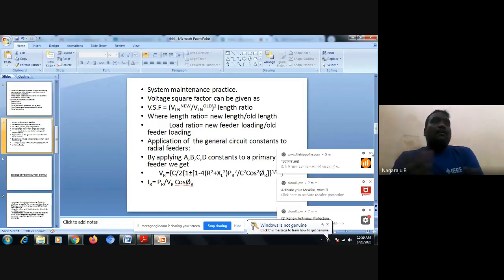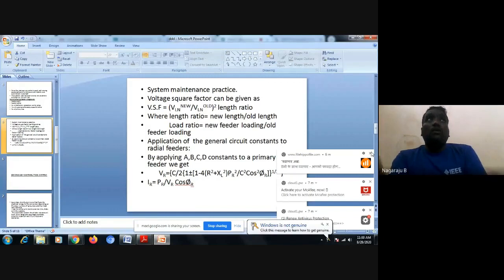Depending on the levels, with continuous incremental loading, you need to load the feeder. The feeder is nothing but a conductor level. If you automatically increase the sending end voltage level, the feeder may not have the capability to withstand that particular level.